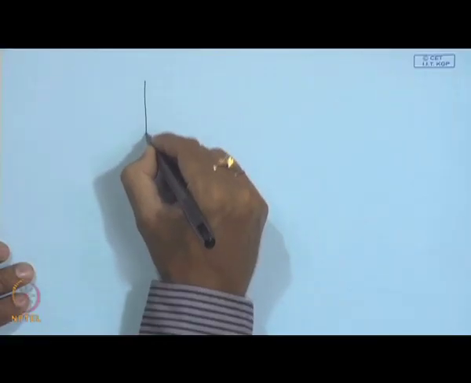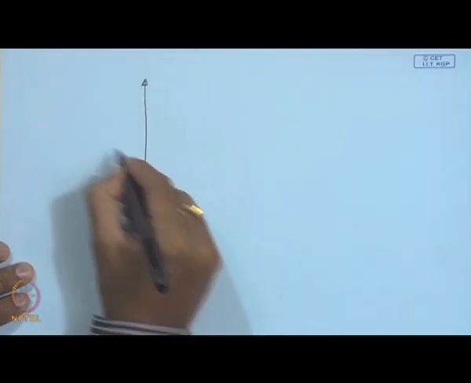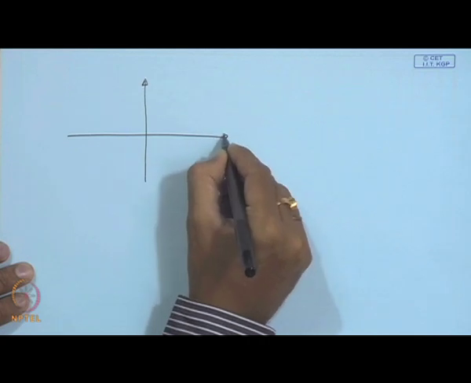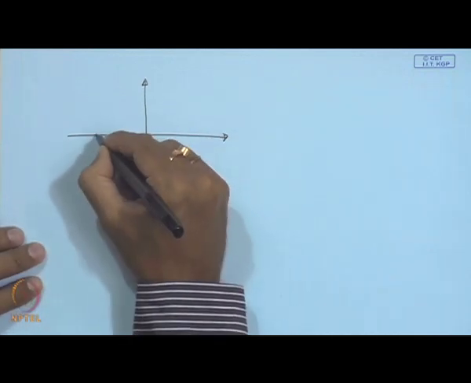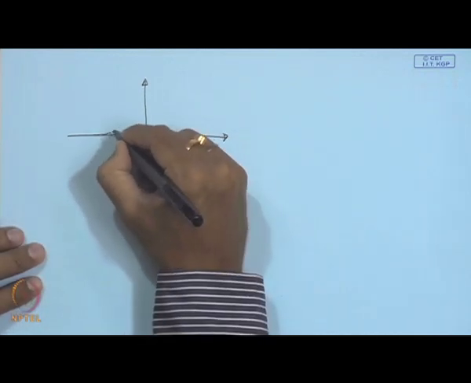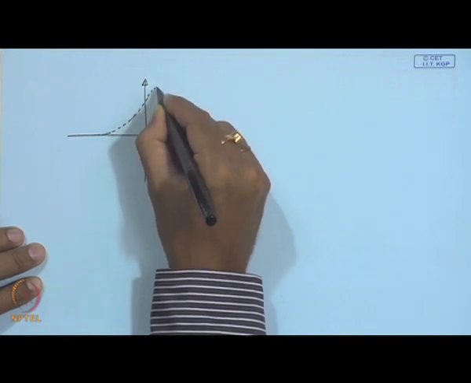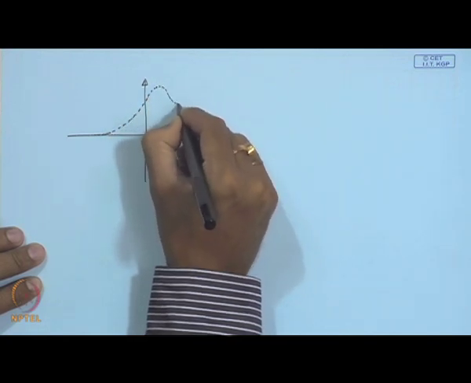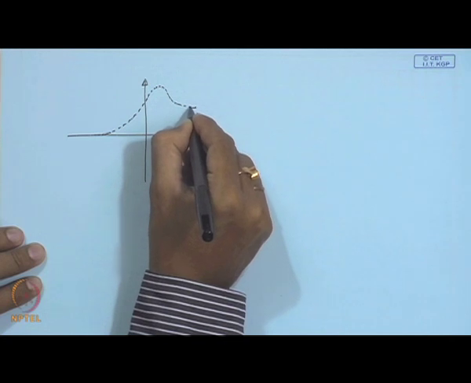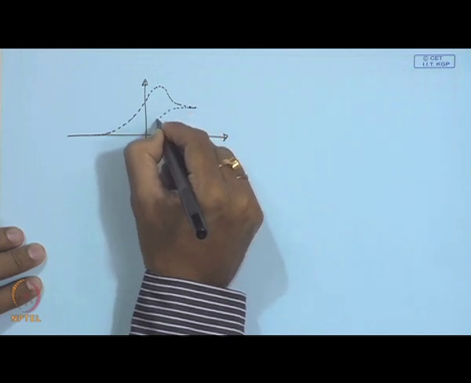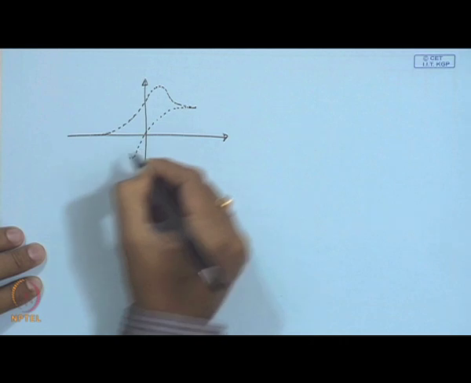So, what is a typical graph for this? A typical graph could be like this, this is your current potential diagram. Okay. So, maybe something like this.